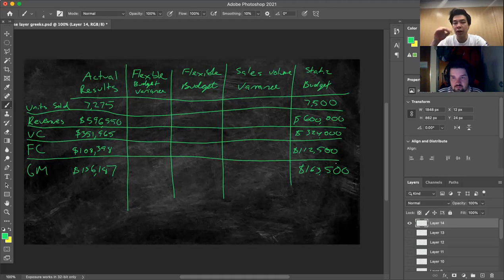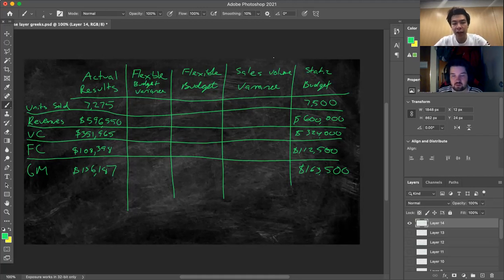So what we want to do is make the plane seats the same amount, so we're able to give an accurate comparison. That's the whole reason why we make the flexible budget. We make the units proportionate, or the same as actual results, so that we can compare our new modified forecast to the actual results.